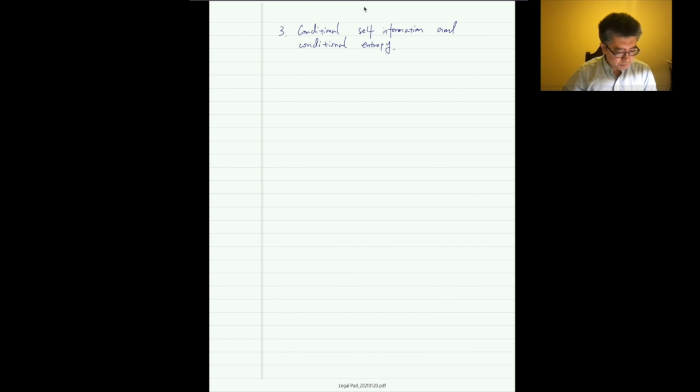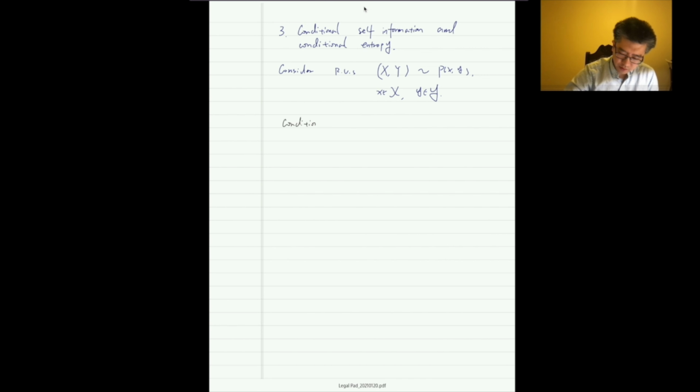Here again we consider the two random variables X and Y. We assume that they follow a PMF p(x, y), for x in X, y in Y. Then we define the conditional probability mass function.